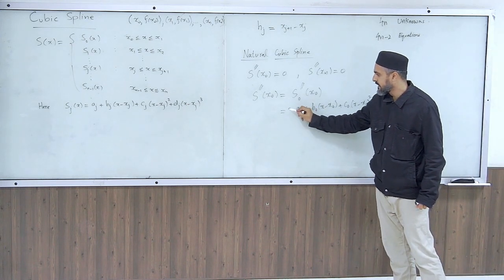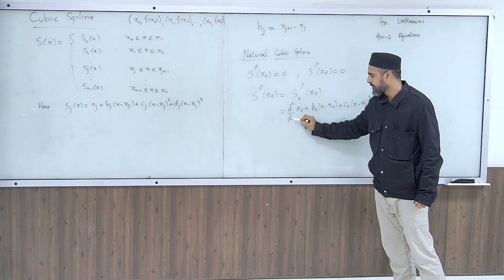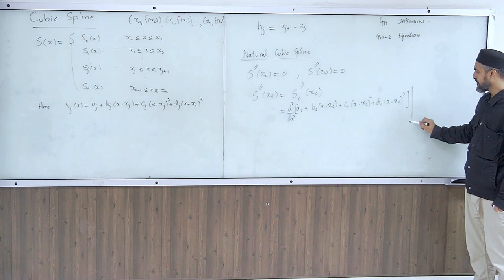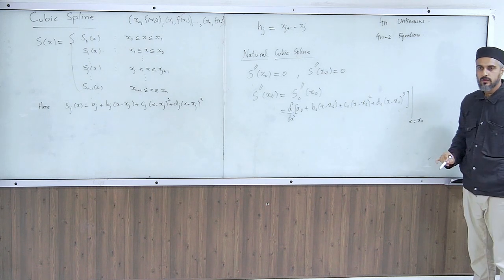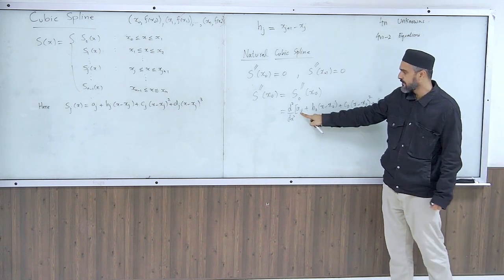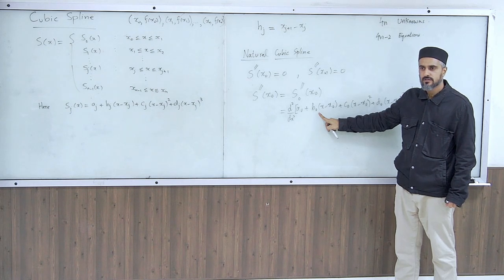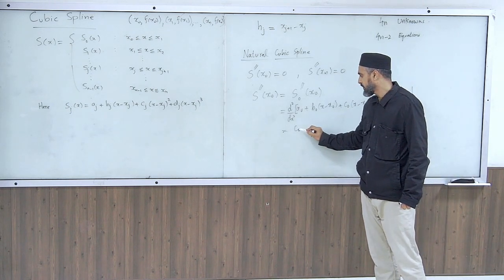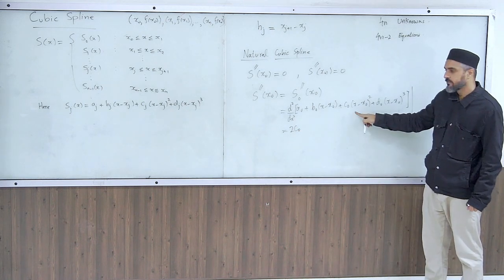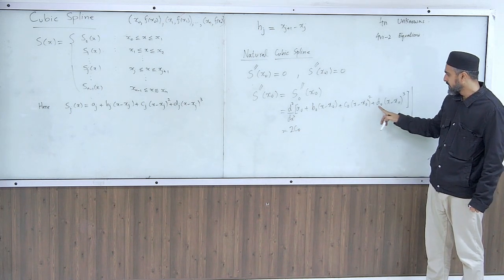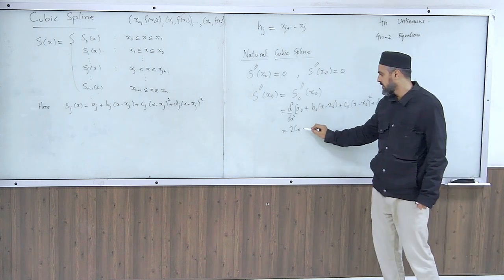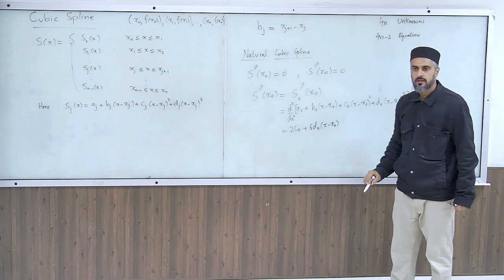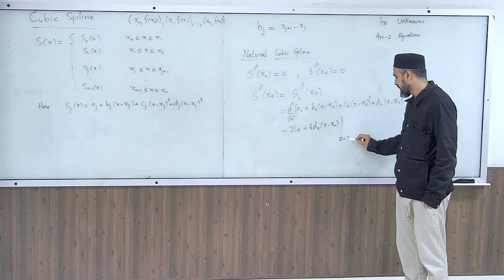If you take the second derivative and then replace x with x0, this term will be 0, this will be 0. Here you get 2c0. Then we have 6d0 (x minus x0), and you have to evaluate it at x0.